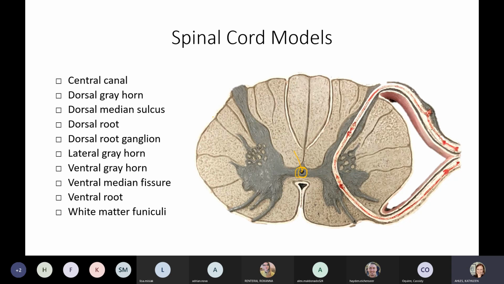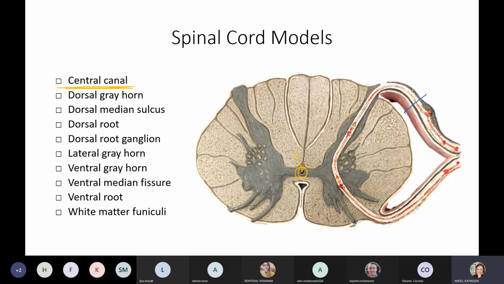That dot that we're seeing, that is the central canal. That is the middle part of the spinal cord where we have cerebrospinal fluid. So the central canal in the very middle of the spinal cord, cerebrospinal fluid found there. Other than that, I'll point out a couple of other things.